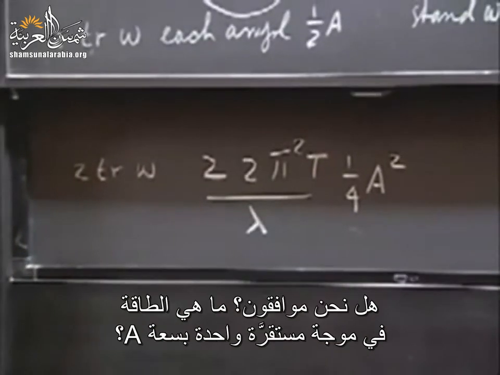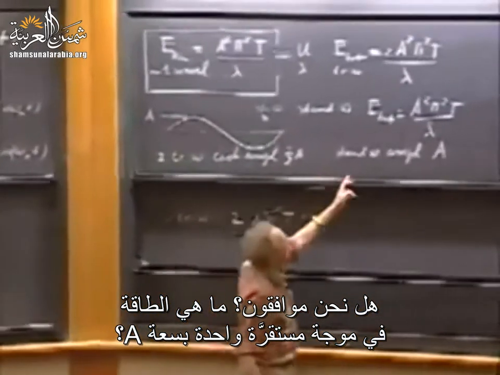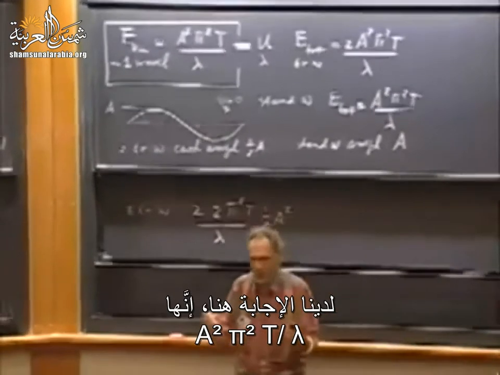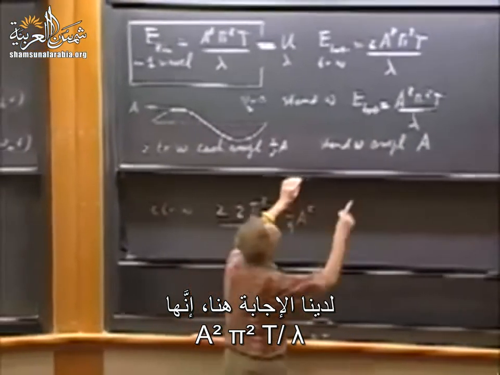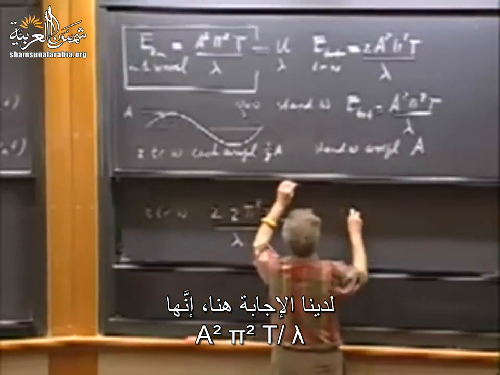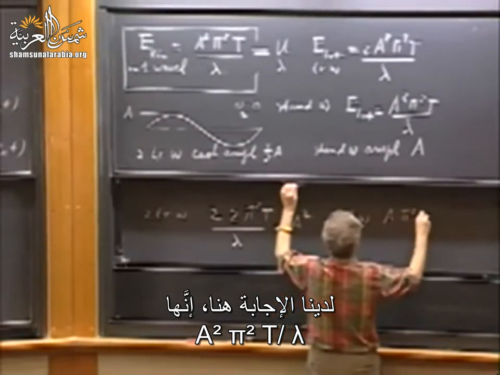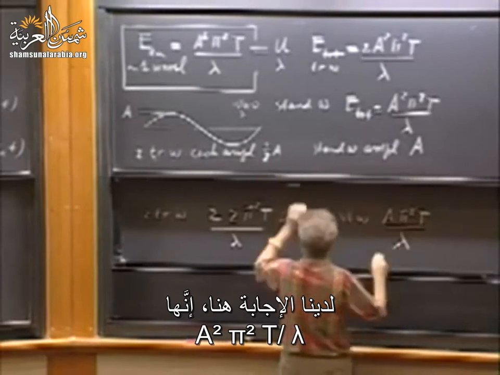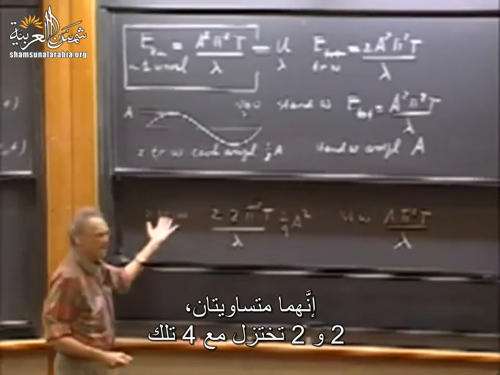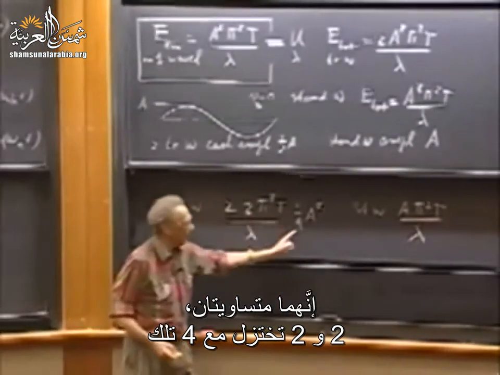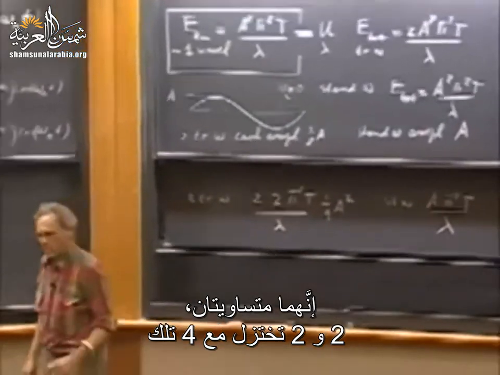Do we agree? What is the energy in one standing wave with an amplitude A? Well, we have the answer here. In a standing wave, all the energy must be A pi squared t divided by lambda. Look at it. They are the same. This 2 and this 2 and this 4 eat each other up. Just a second.